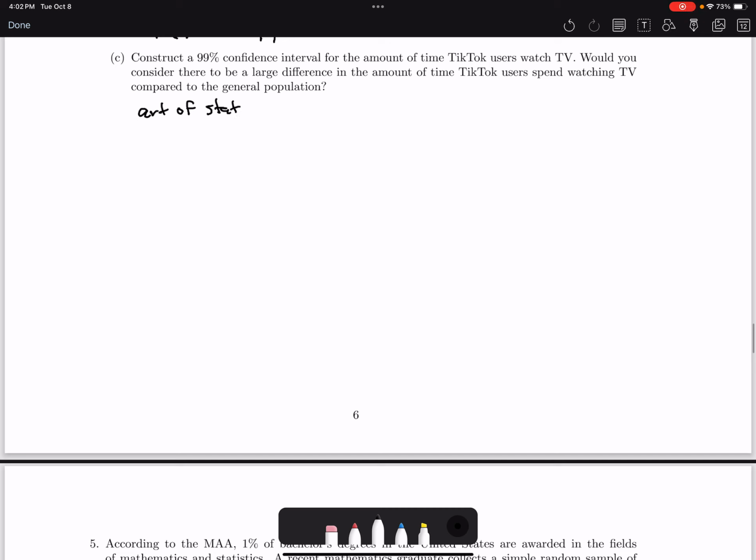Again, we're going to enter the same sample mean that we did before, 63.3, same sample standard deviation, 16.5, same sample size, 150. And we want a 99% confidence interval. So let's see what we get.